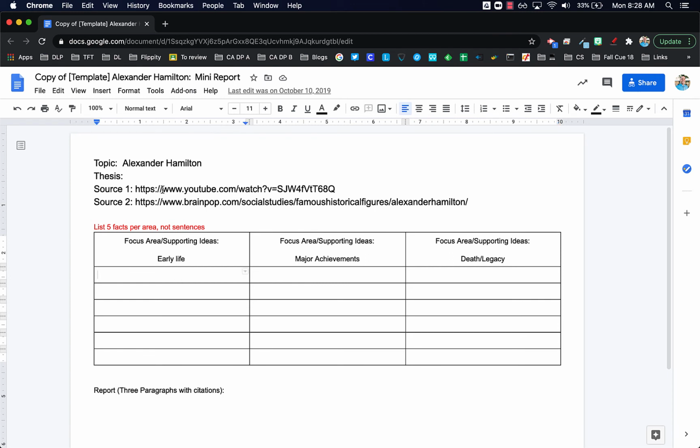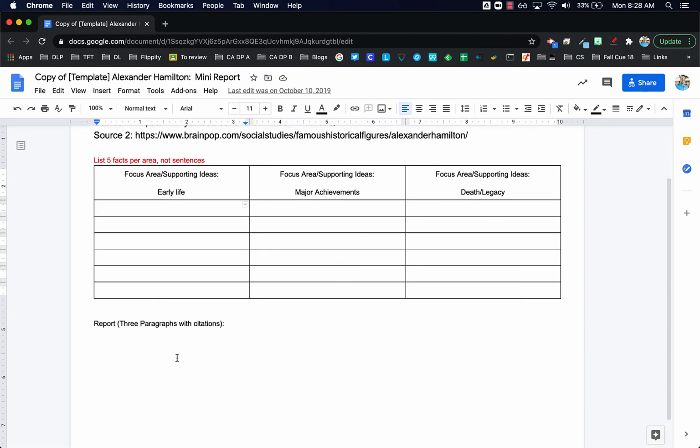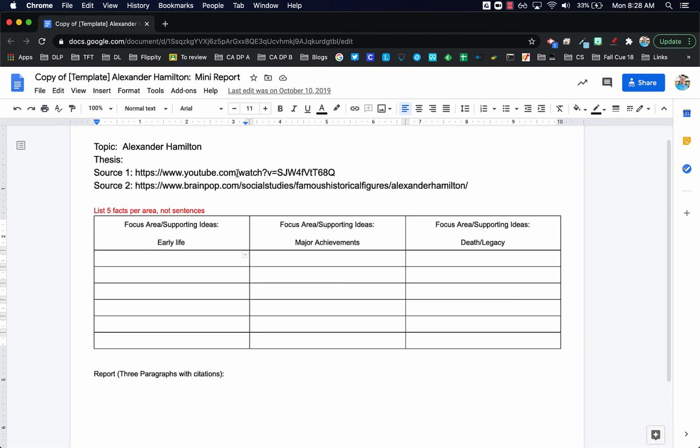So students would be looking through here, they would list some facts, and behind the fact, they would probably want to write source 1 or source 2 so that they can know which one it came from. And then you discuss, and then they start writing their paragraphs right here. And when we think about citations, at first, if they're not familiar with it, we just have them pop this stuff into a citation generator.